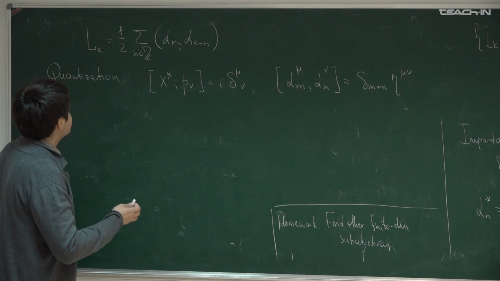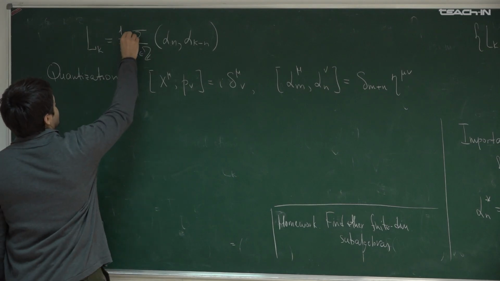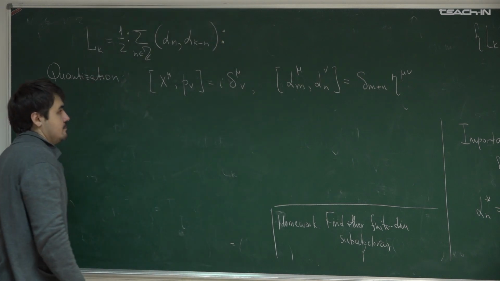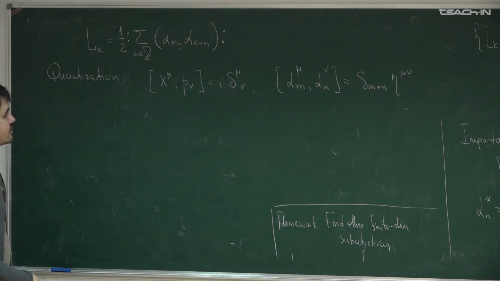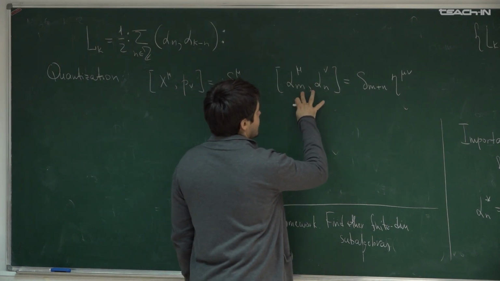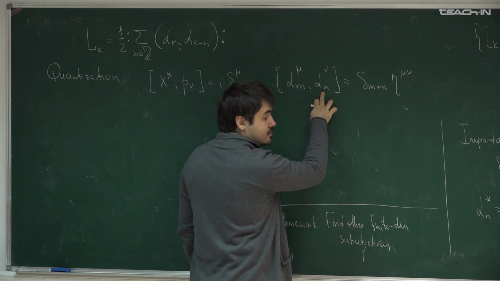So the quantum version of these L_k's is you just normal order them. Before normal ordering, we should say that these oscillators come in pairs. m is conjugate to minus m, right?